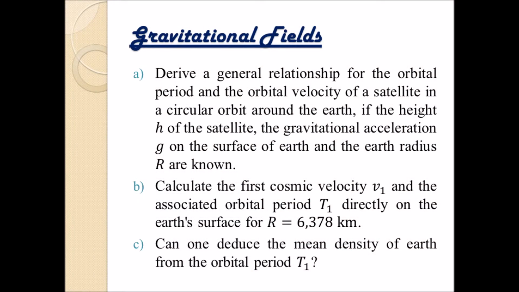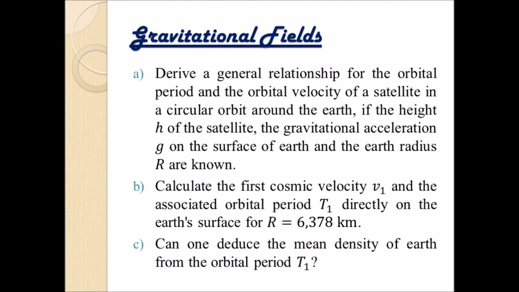Task A. Derive a general relationship for the orbital period and the orbital velocity of a satellite in a circular orbit around the Earth, if the height h of the satellite, the gravitational acceleration g on the surface of Earth, and the Earth radius r are known.